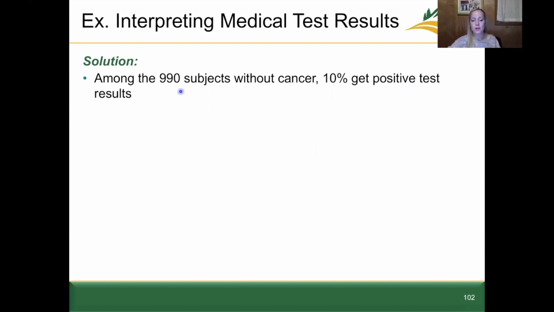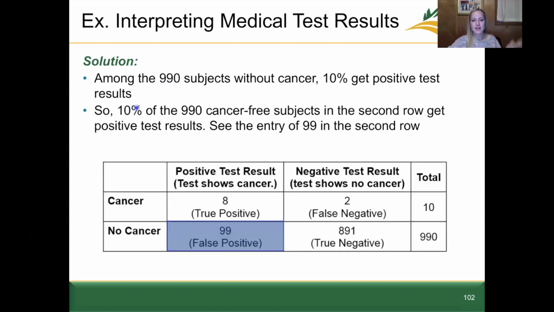This is among only the 990 subjects without cancer, right? In other words, this was our false positive percentage. So 10% of 990, that's really moving the decimal point over 2 times, that's 1, 2, then we have 0.1 times 990. 10% of 990 then is 99.